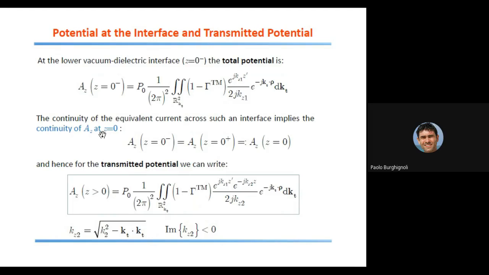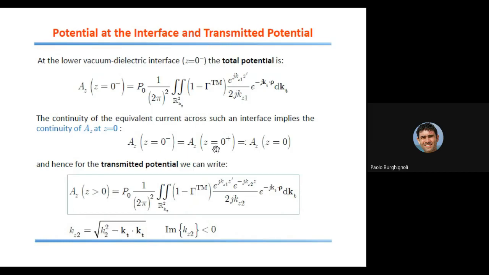Now, the continuity of the equivalent current across the interface, which derives from the continuity of the tangential component of the magnetic field, implies the continuity of AZ across the interface. So we may enforce that AZ at 0 minus is equal to AZ at 0 plus. And we can simply call this AZ at z equals 0 without specifying plus or minus.